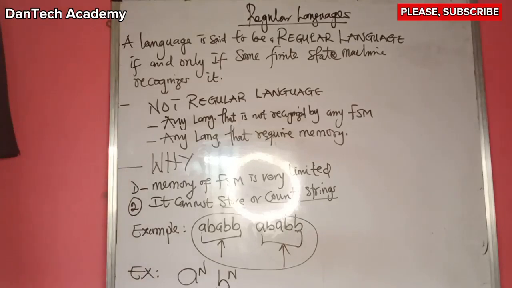FSM can't keep count of the number of A's in order to give the same number to B. How many do we have here? We have 1, 2, 3. It can't keep count.